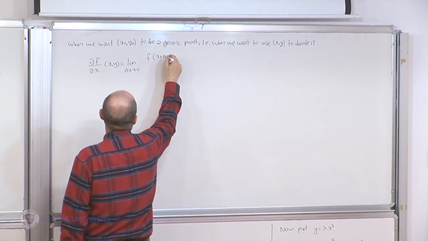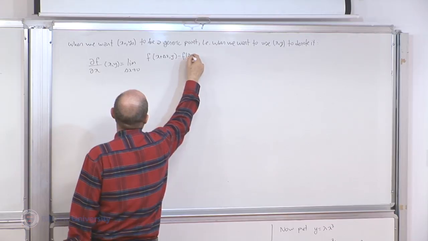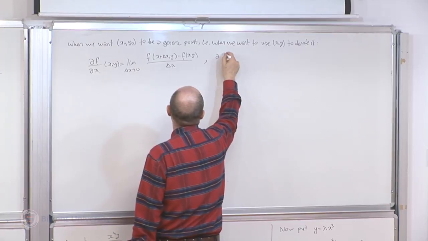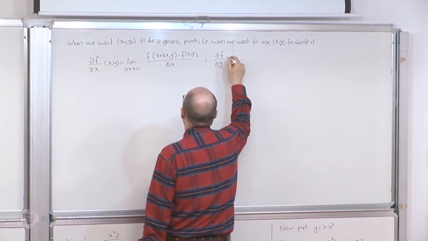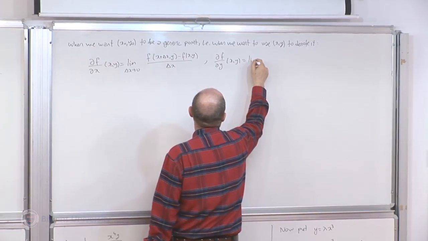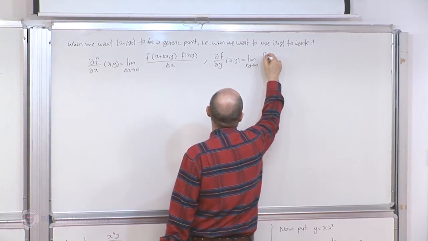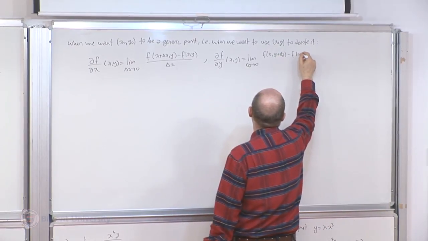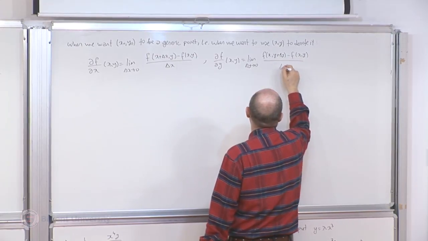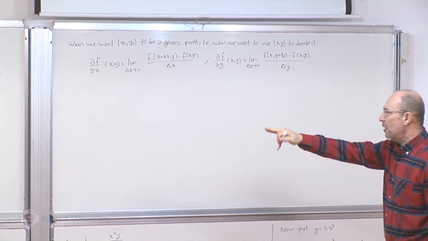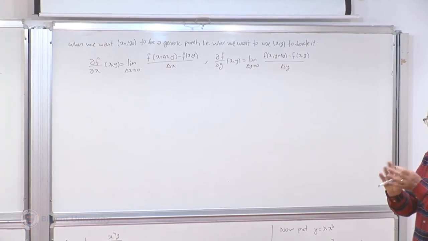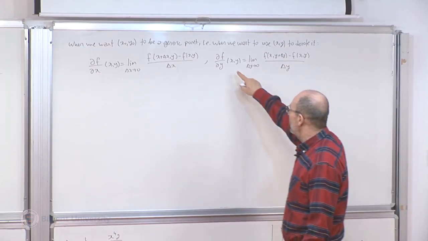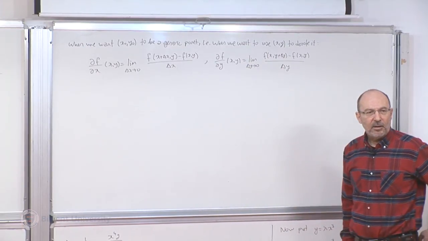And similarly, the partial derivative of f with respect to y at (x, y) is equal to the limit as delta y goes to 0 of f(x, y plus delta y) minus f(x, y), divided by delta y. This is just rewriting exactly the same thing, but this time we hope we get a better notation. So now I can use this (x, y) as a joker. I can put any numbers there.